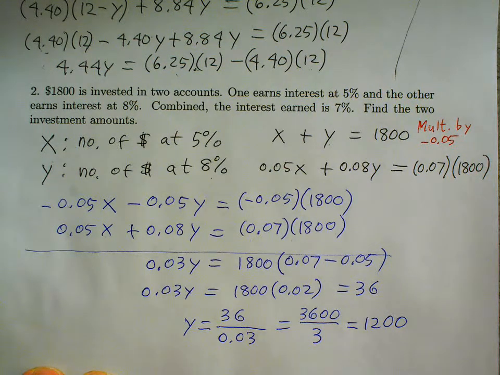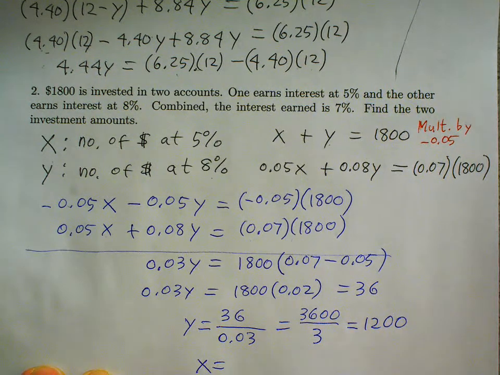Okay, so since x plus y is 1800, that means that x is 600.